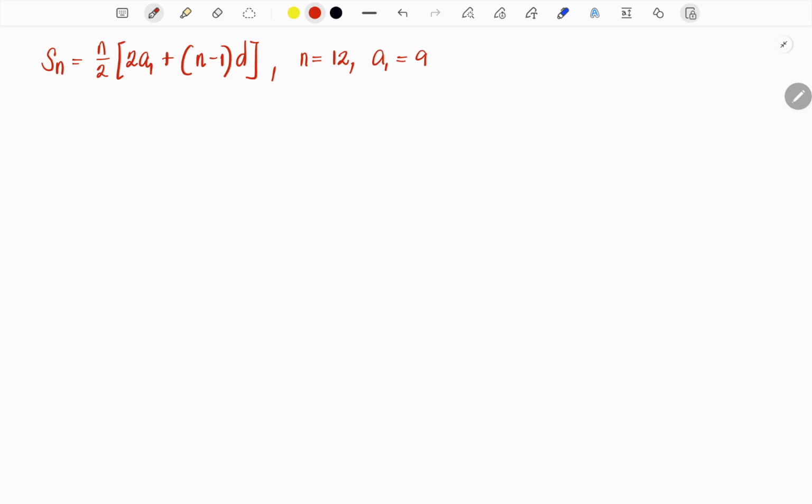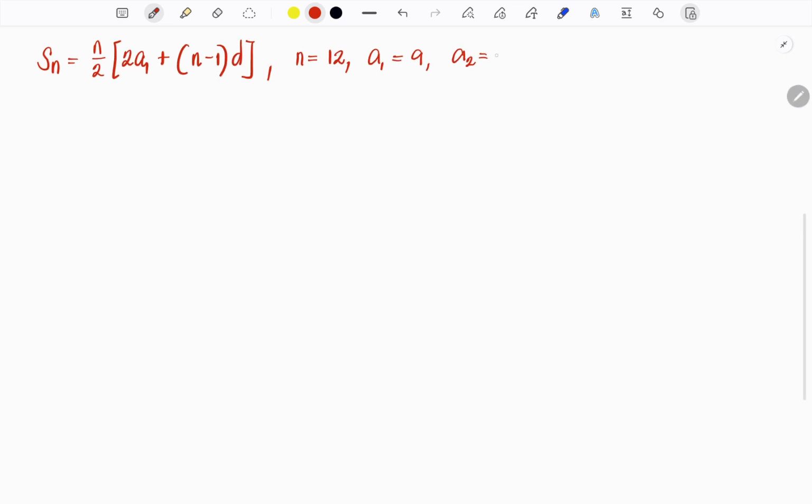So let's compute for a sub 2 to find the common difference, because we need another term here to compute the common difference. So to compute for the common difference, let's use the general term once again.